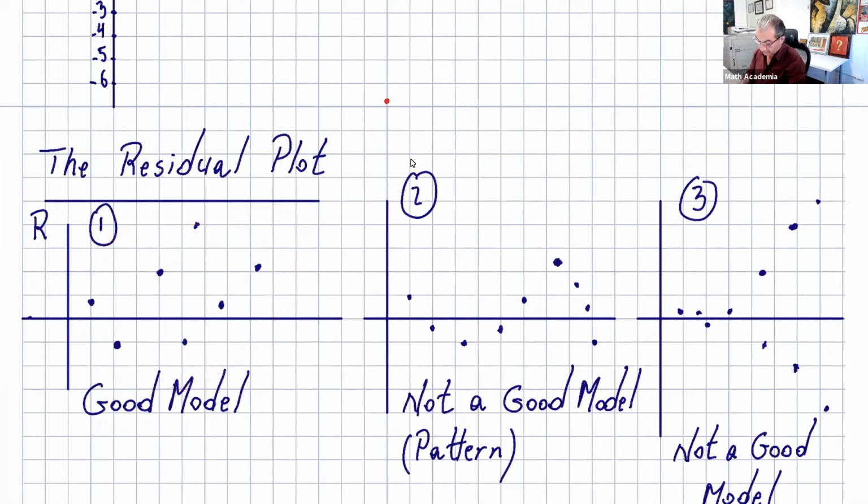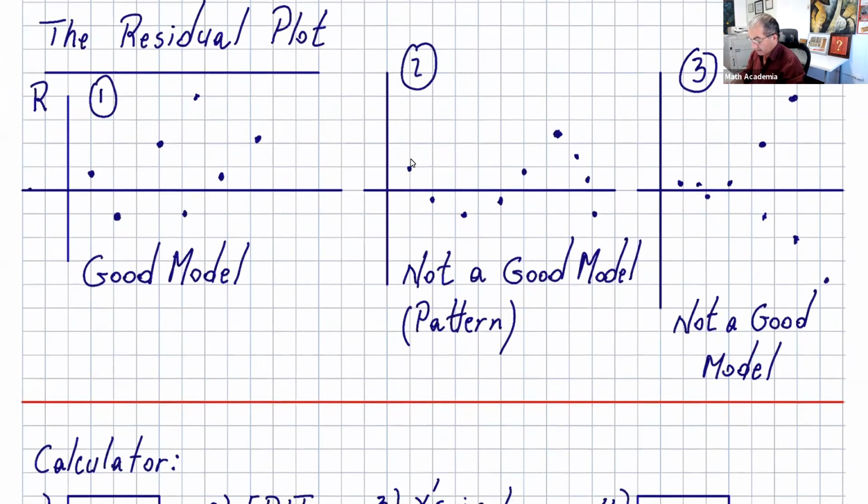Sometimes you're going to see a pattern like a curvy residual plot. When you see that, that's not a good model because there's a pattern. And sometimes here you see that points are close to the line, but they get far away from that. So if that happens, then you say that's not a good model.